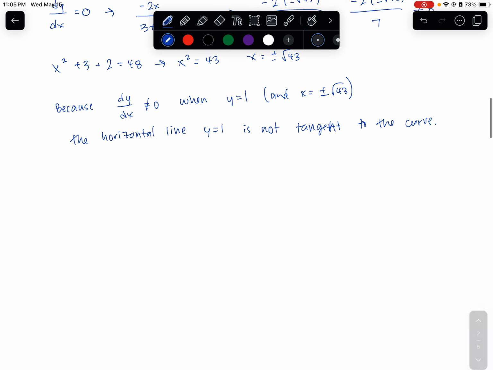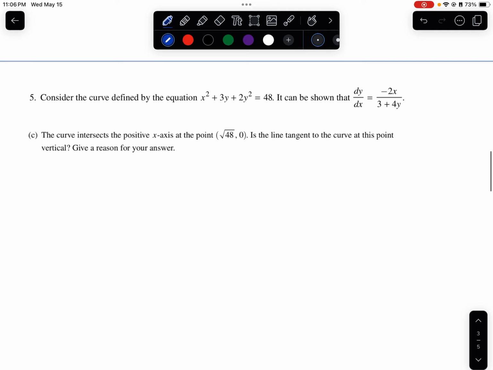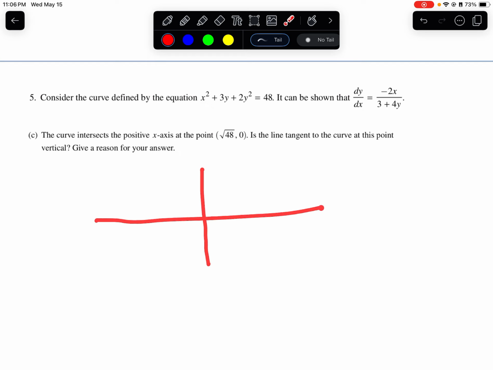Okay. Let's move on. So the curve intersects the positive x-axis at the point square root of 48, 0. If we think about this as our graph right here, the curve intersects at a point over here. Is the line tangent to the curve at this point vertical?